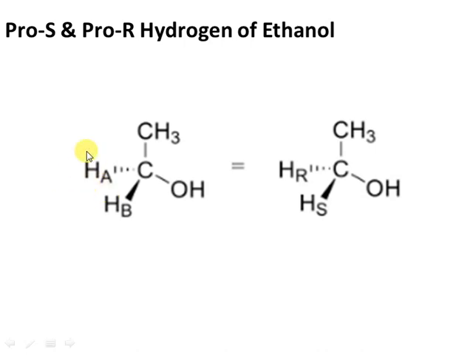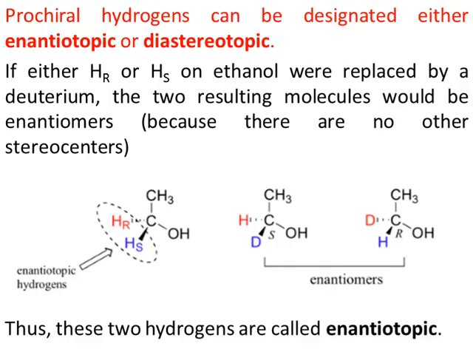Why pro-R? Because if we replace this HA with some other substituent, then the configuration of this carbon will be R, right? So in this way we can make the RS assignment, or the designation, for the prochiral hydrogens here.